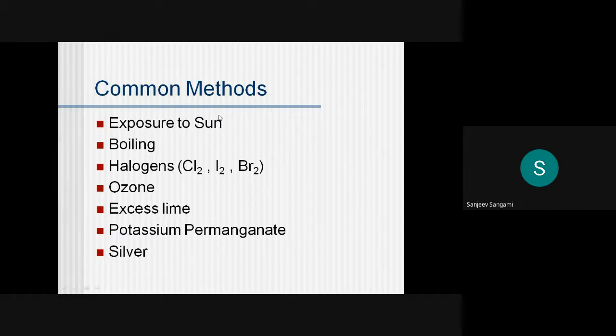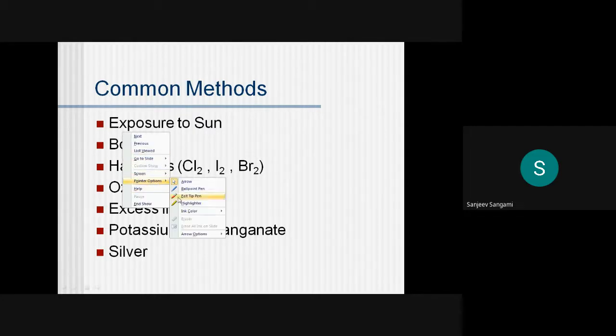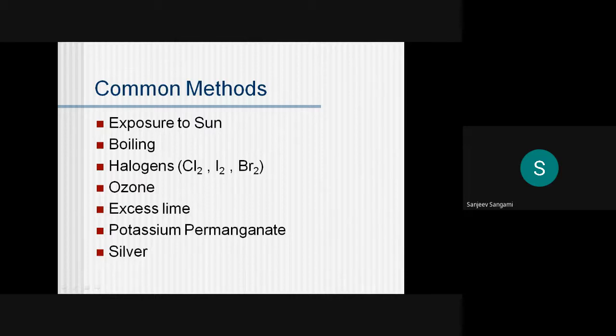Then halogens, which I already discussed: chlorine, iodine, and bromine act as disinfectants. Then ozone, which is O3.